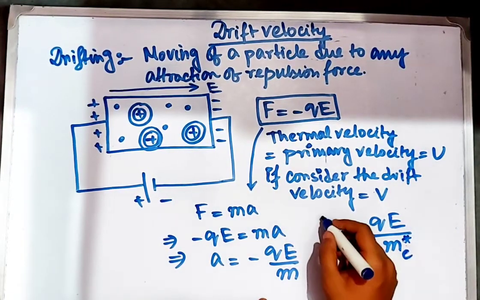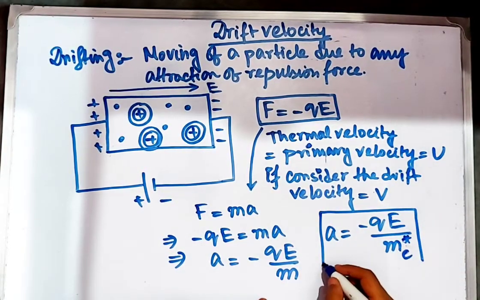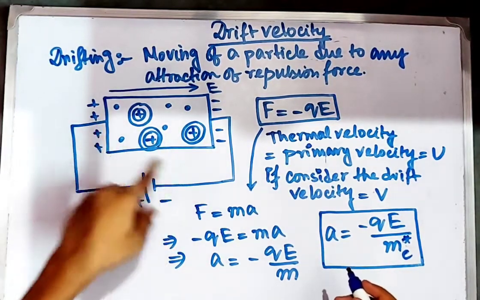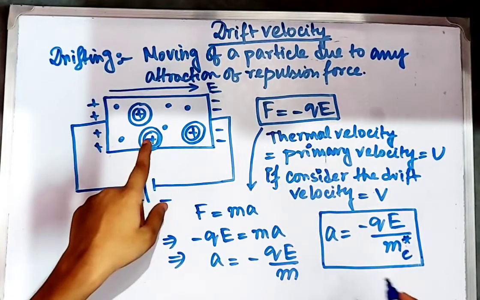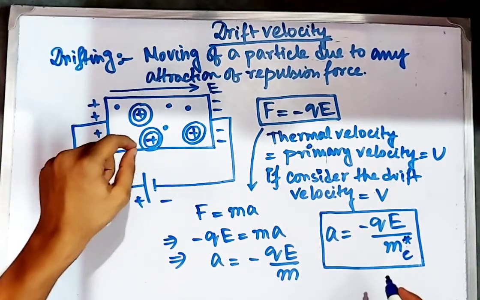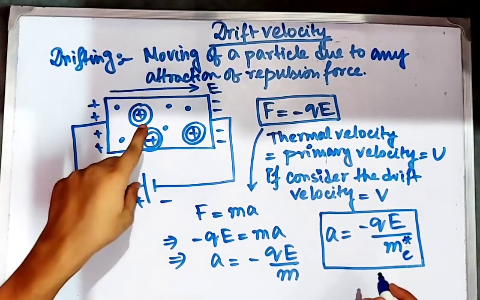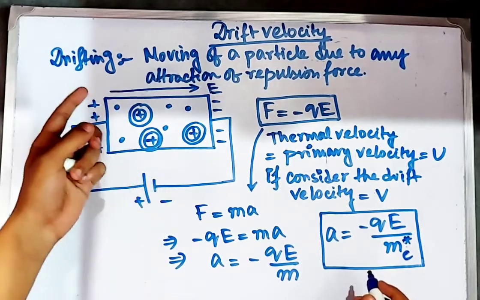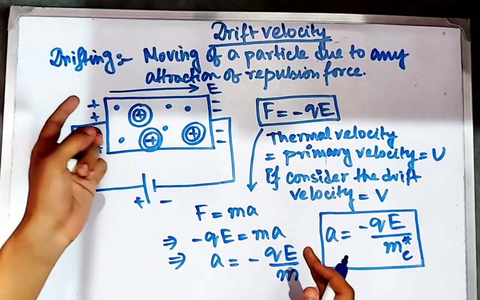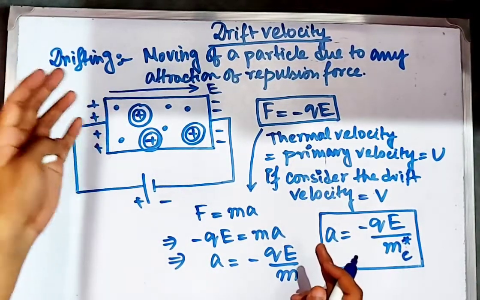The star defines the effective mass of the electron, because as the electrons are moving within the semiconductor, they feel different types of forces: one force is due to the electric field, one force is electron repulsion, and one is the attraction force between the electron and any positive ion.